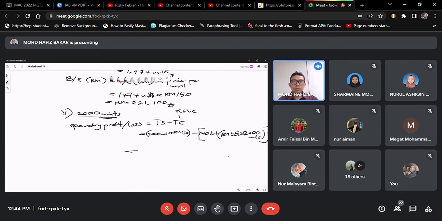300,000 ringgit. Sales RM300k minus 55 times 2,000, which equals 110,000 ringgit, plus 140,000, RM250,000. This is the cost. So sales minus cost, how much do you get?